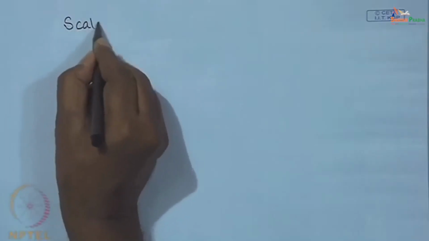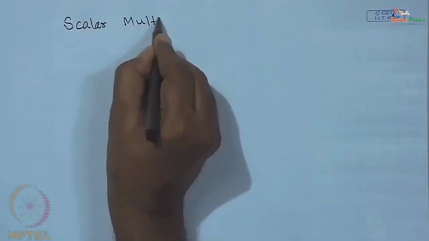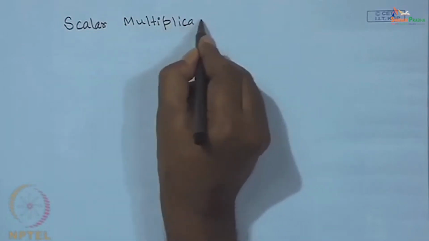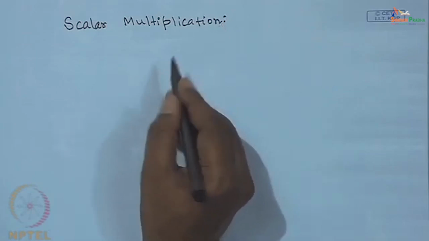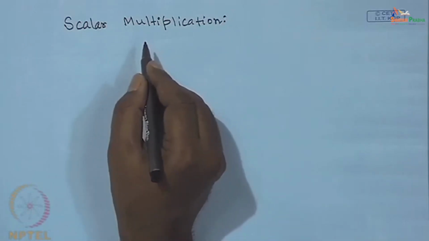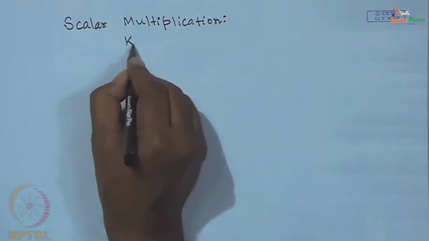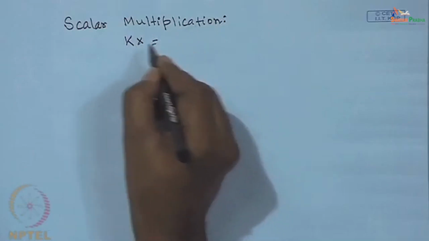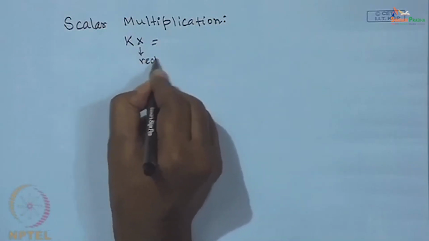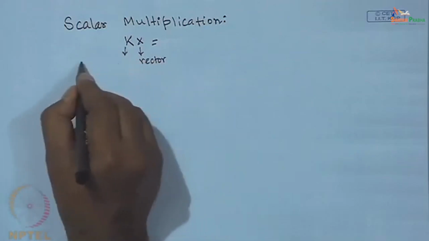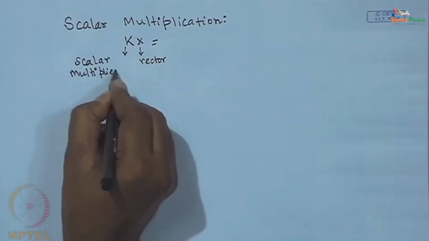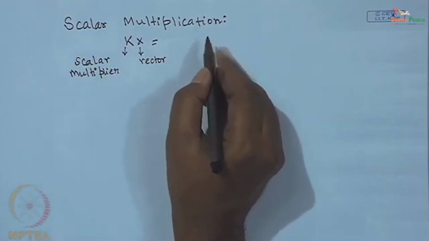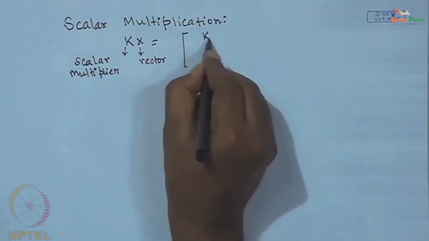Then we talk about scalar multiplication. These simple operations and definitions will be quite useful as we go along the course of this syllabus. k times x, where x is the vector and k is the scalar multiplier: every element of the x vector will be multiplied by the scalar k.